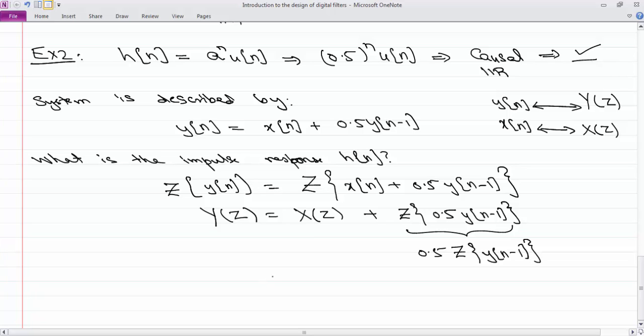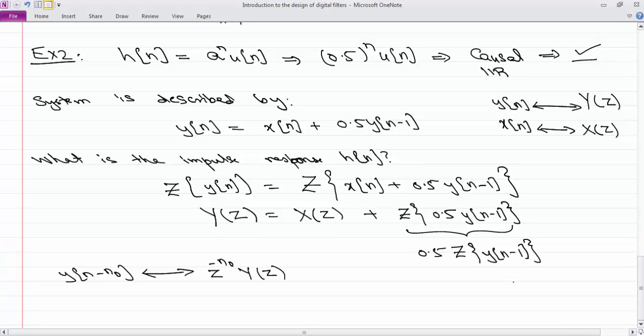And then I use the most frequently used property of the Z transform. There is this very important property of the Z transform, that a delay in time. So if you are given y[n minus n0], if you delay your sequence by n0, that is simply equal to z to the minus n0 times Y(z).